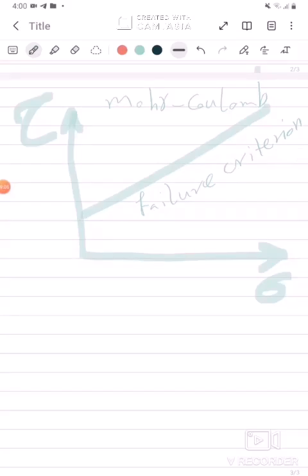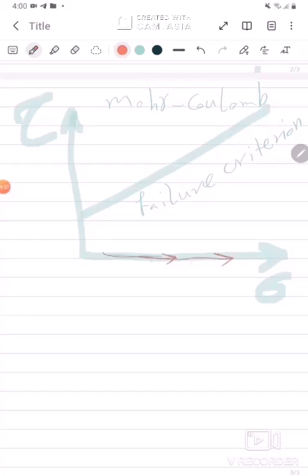As you see, when we are on this line, if we increase stress without any shear stress, it means isotropic stress. If we increase isotropic stress, we are on this line.